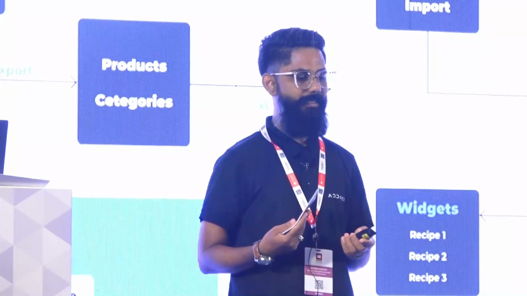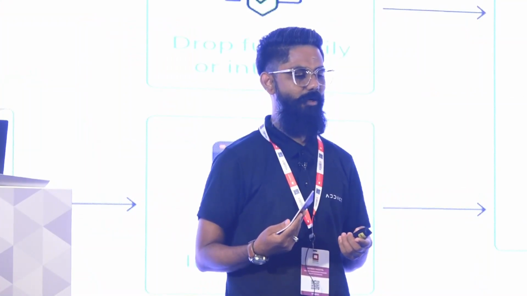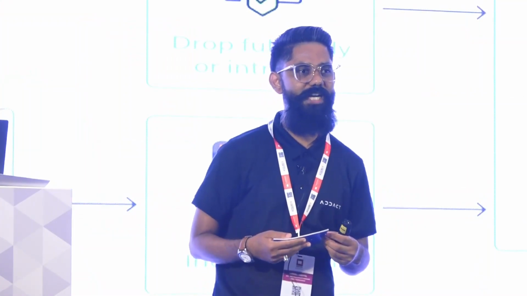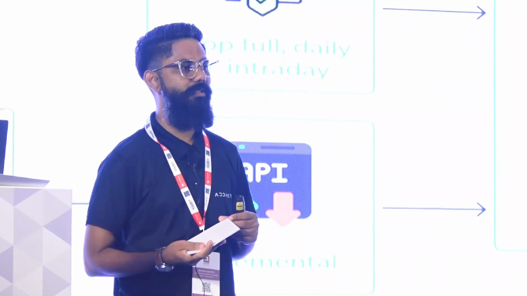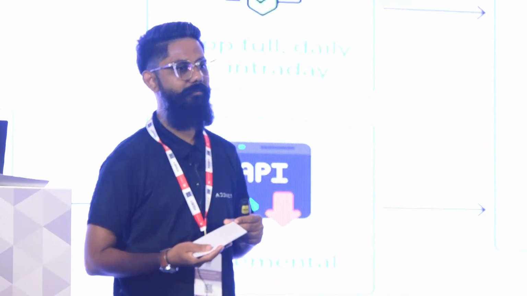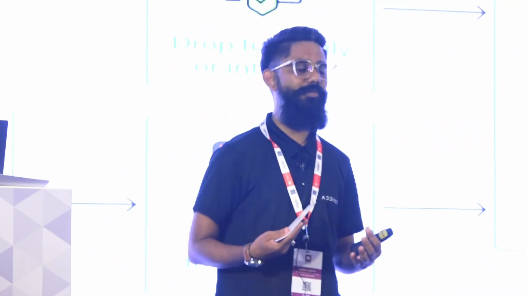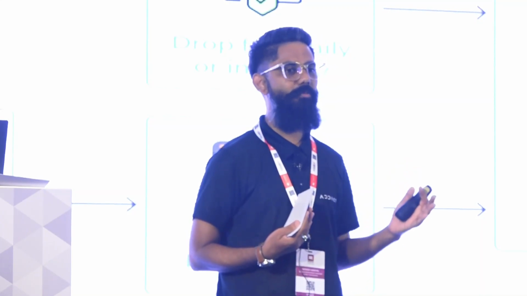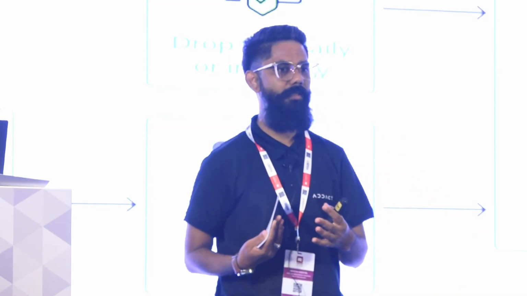Let's try to understand how the data collection works. Basically, there are two ways. Either we can use CSV or XLS to import the data, which could be used the first time when we are collecting all the products and related information from the e-commerce platform to the Discover portal.